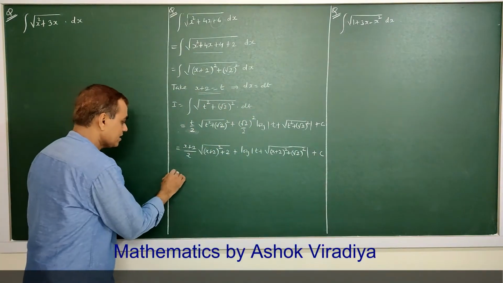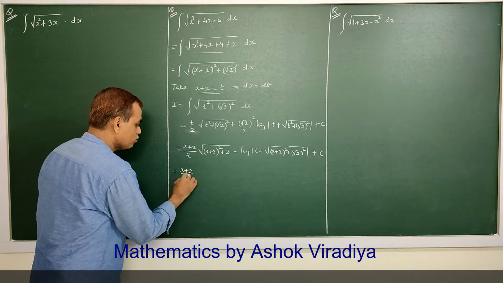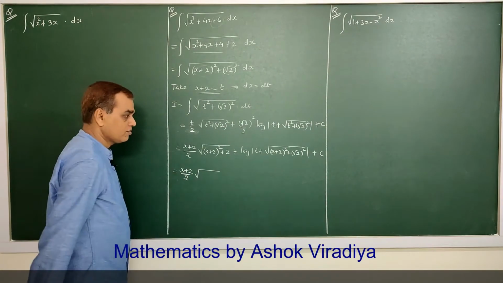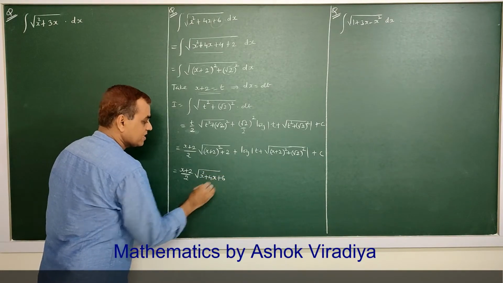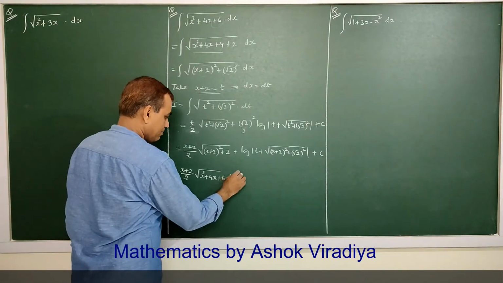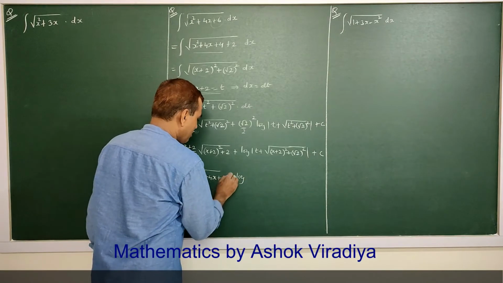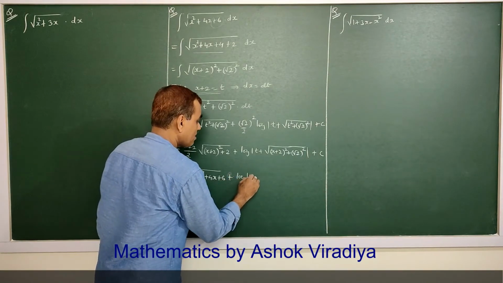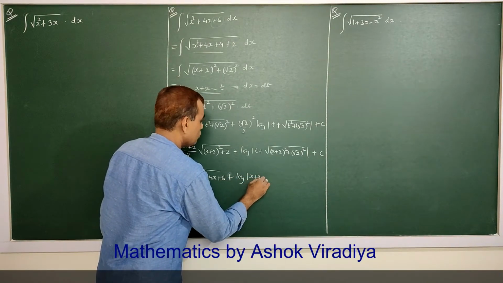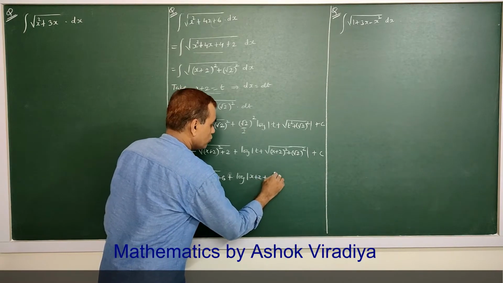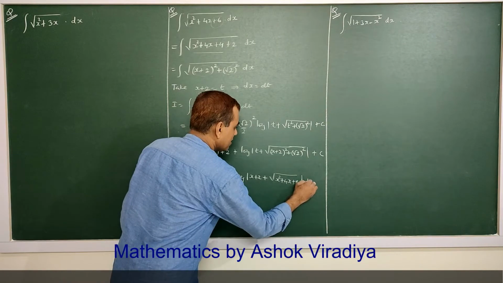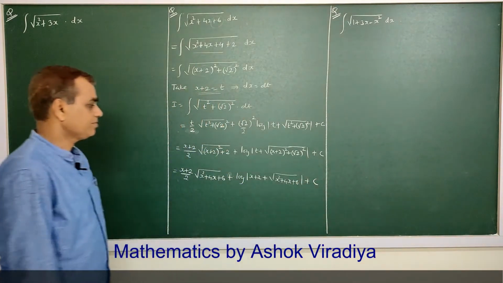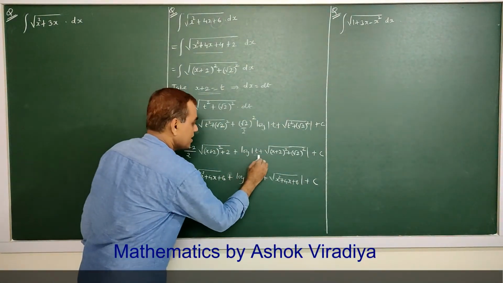So this is x plus 2 by 2 square root of, its simple form is x square plus 4x plus 6, plus log of modulus x plus 2 plus root x square plus 4x plus 6 plus c. t is x plus 2.